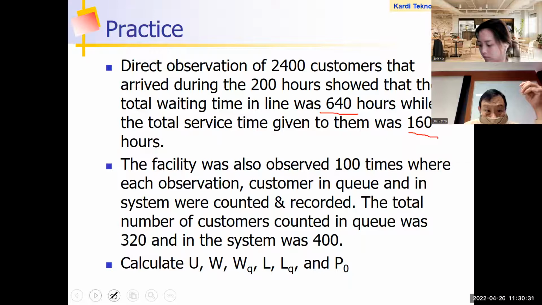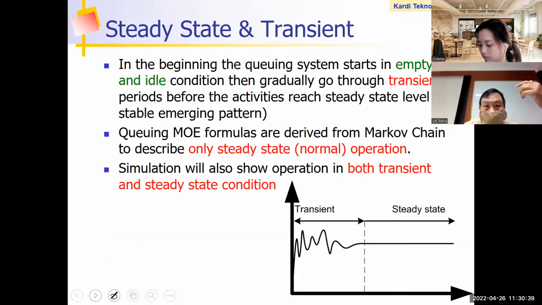We will show you in a moment if we have multiple lanes. Now I'm talking about where the queuing formula comes from. I will show you in a moment how you calculate the queuing formula later.